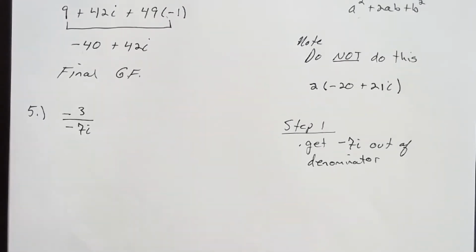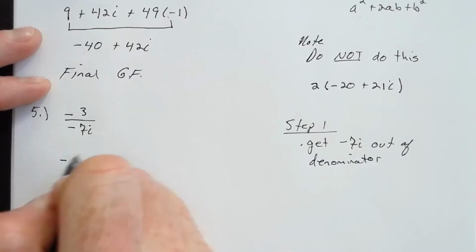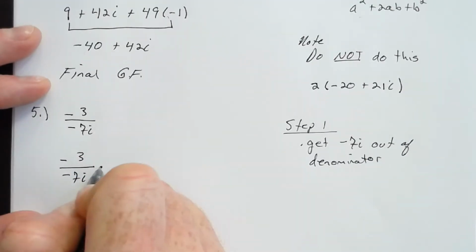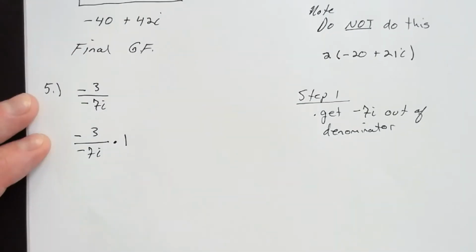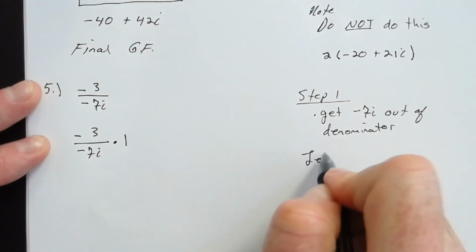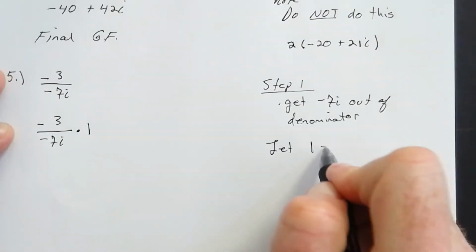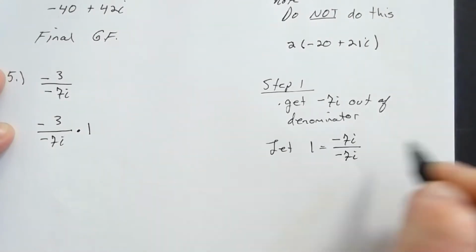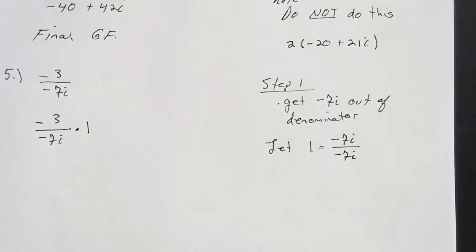Exactly. We can multiply by negative 7i over negative 7i, but essentially what we're doing is multiplying by 1. And we're going to let 1 equal negative 7i over negative 7i.